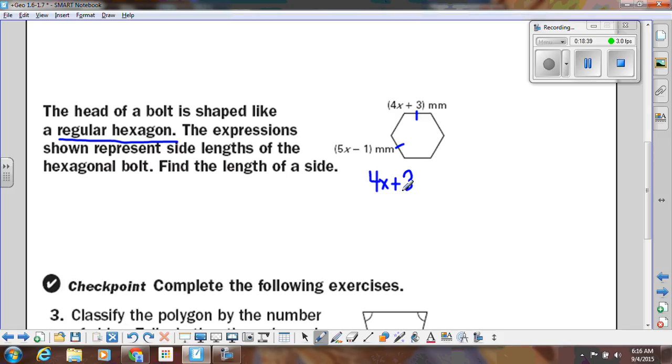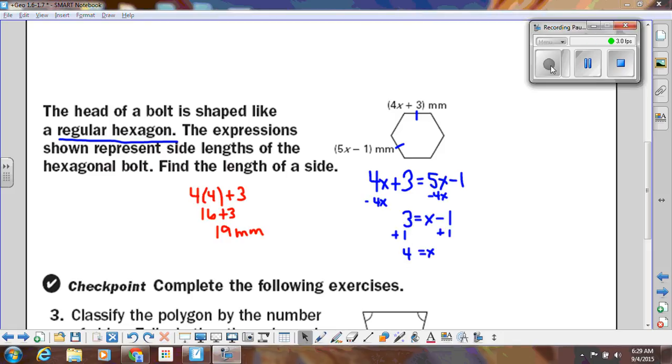So let's do that. You solve that right now, and I'm going to pause the video, and then your answer will pop up. Alright, so you got x equals 4, and then when you plug that back in to find the side length, you get 19 millimeters.